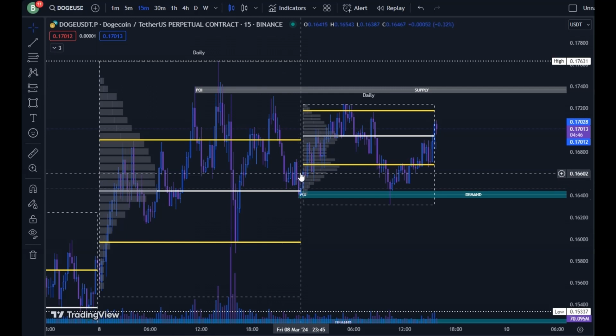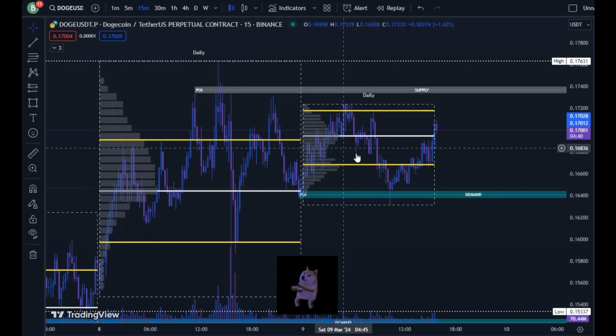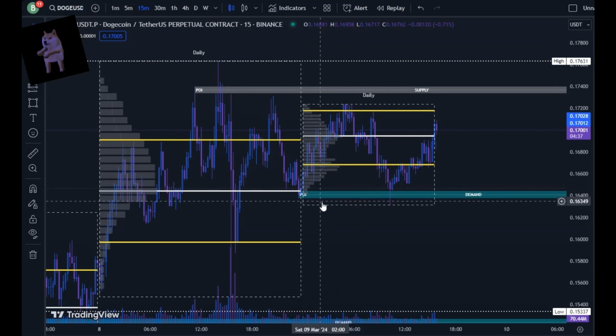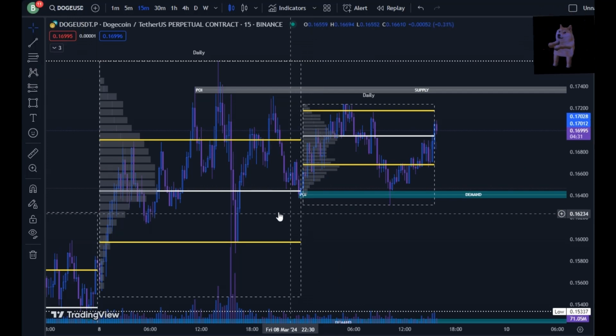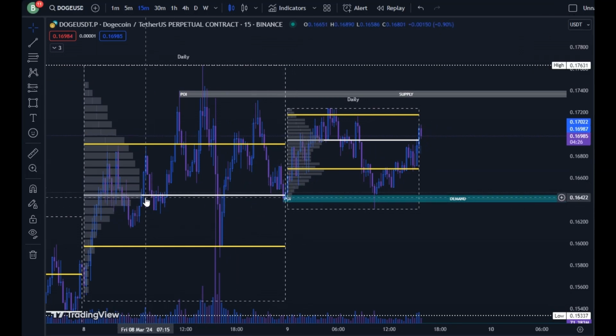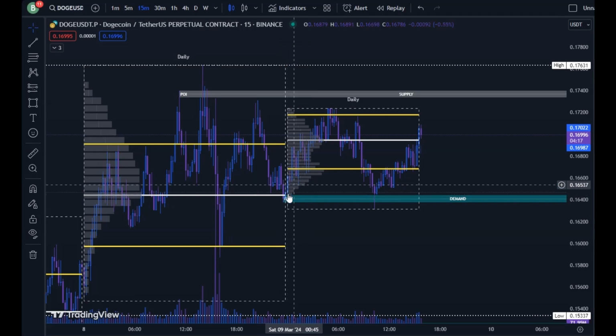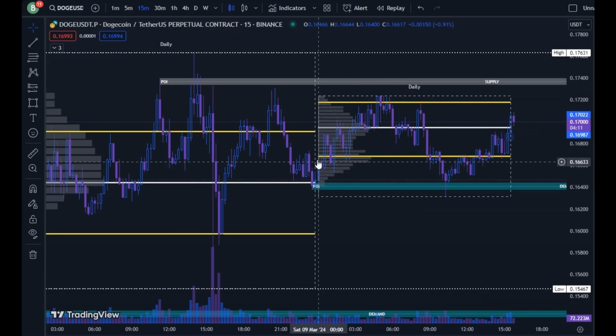So this is Dogecoin, however you want to say it. As you've seen here at 11:30 last night UK time, Dogecoin came into yesterday's point of control. The session changed. You got a big bullish momentum candle here.